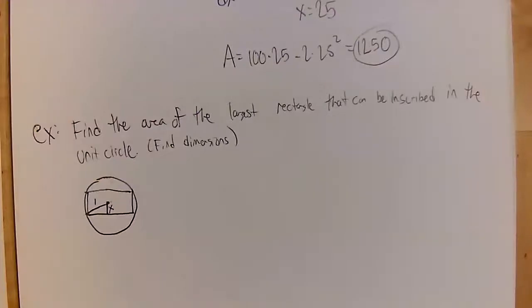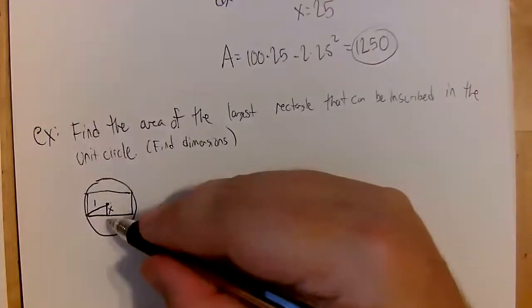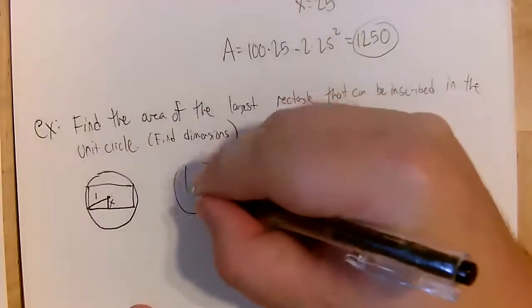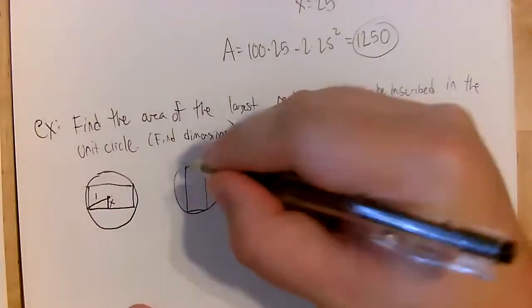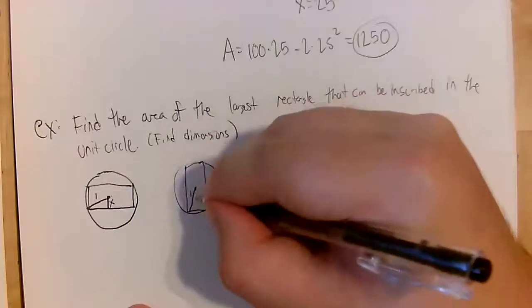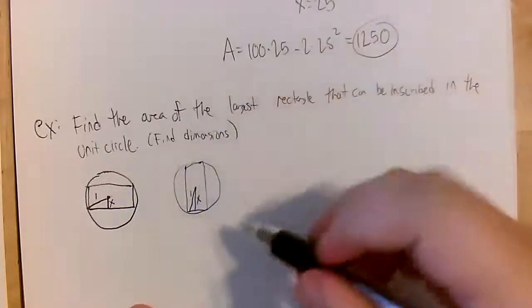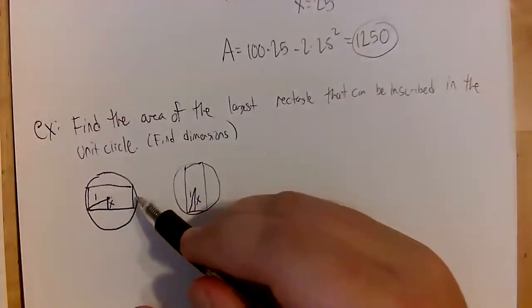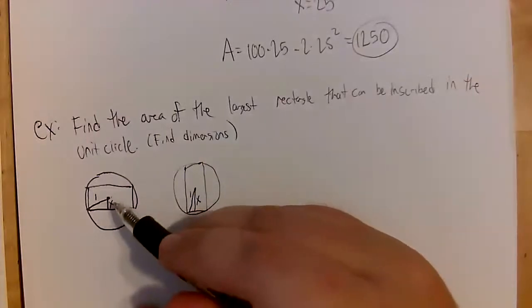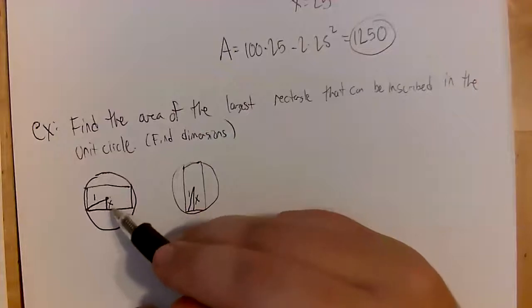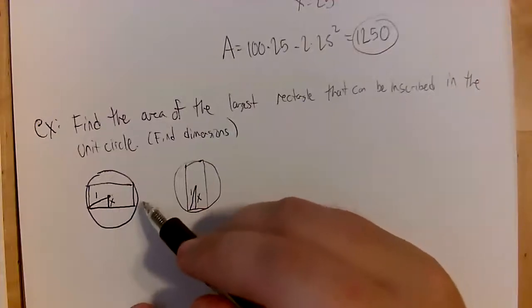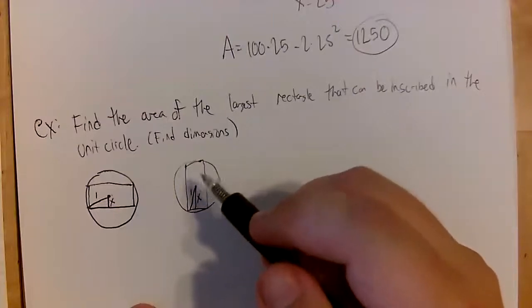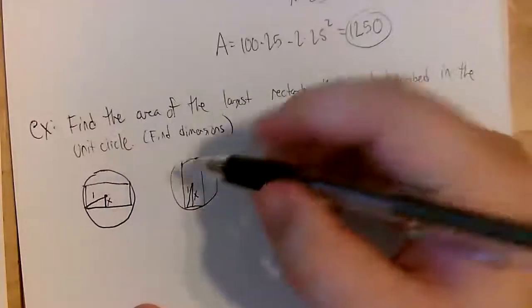As you can see from the picture, if x gets bigger, we would end up with a situation like this, where this would go down here and we would have a larger x. Now, if we wanted a different rectangle, like one that's thinner but stretches out further, we would make a smaller x. So by changing the value of x, we can end up getting all of the different possible rectangles that we can put in our circle.